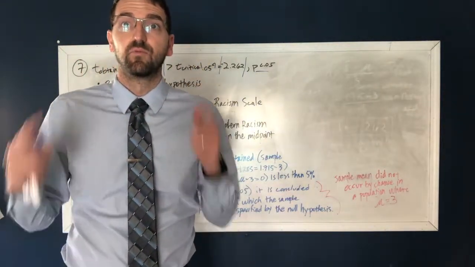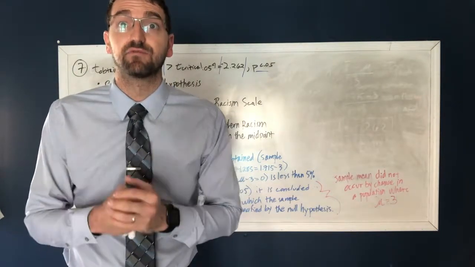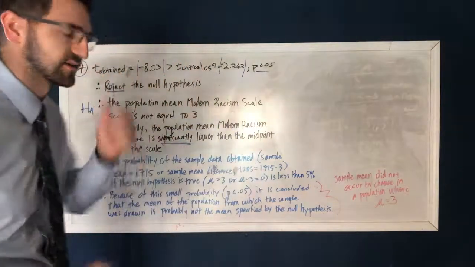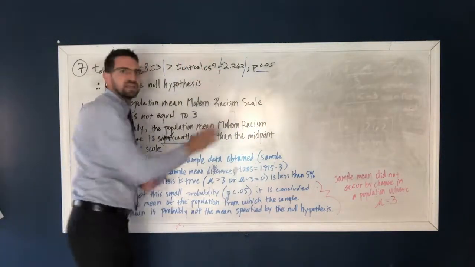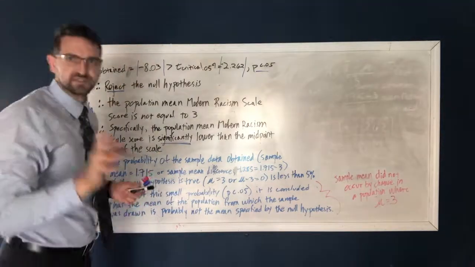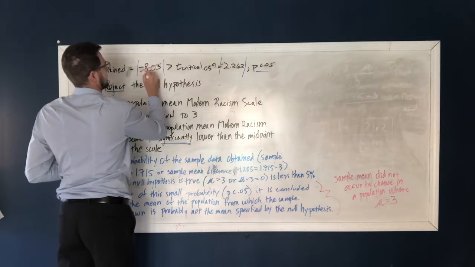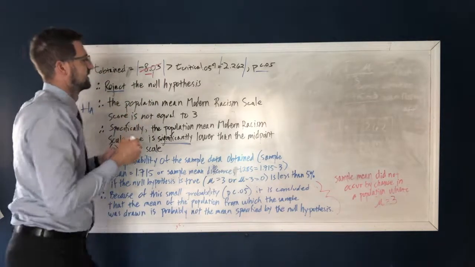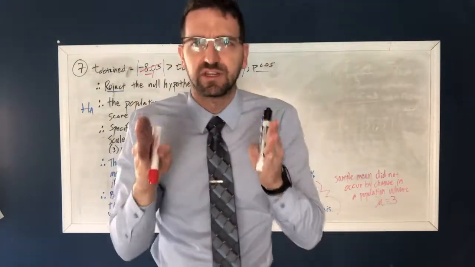So, what if we retain the null hypothesis instead of rejecting the null hypothesis? Let's look at what it would look like. Well, your T obtained would have to be below this 2.262. So let's say you got a -1. Okay? Well, that wouldn't fall in the rejection region of your picture.